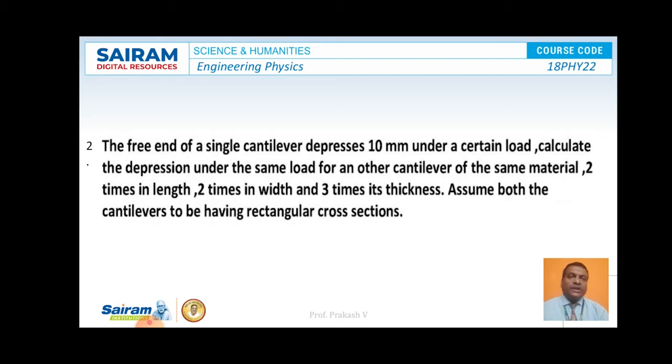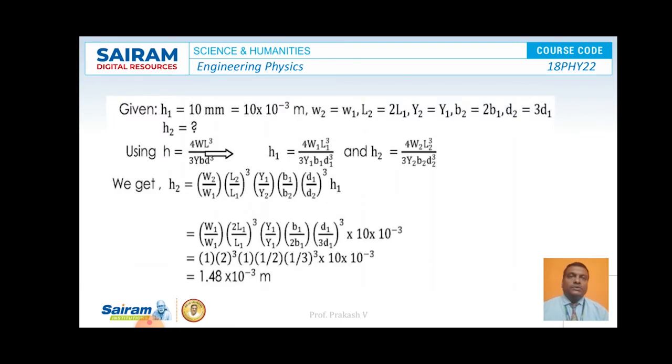Assume both the cantilevers to have rectangular cross sections. So given h1 is 10 mm, that is 10 into 10 to the power of minus 3 meter, and W2 is equal to W1, L2 is equal to 2L1, Y2 is equal to Y1, b2 is equal to 2b1, and d2 is equal to 3d1.